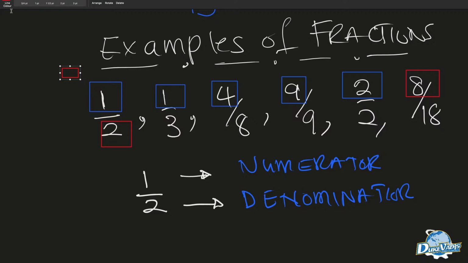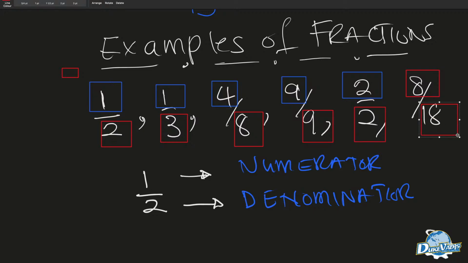So when we pick that, we say this is a denominator. This is also a denominator. And that is also a denominator. Then 2 beneath the 2 is also a denominator. And our 18 below the 8 is also a denominator.